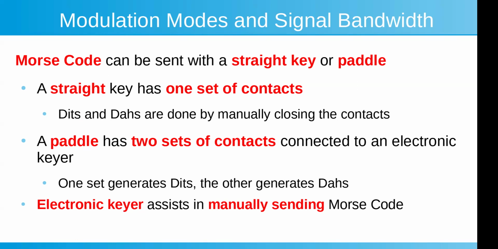On the paddle, you just have to be able to know when to let go for how many dits or how many das, because it does the timing and spacing for you. So it's much better code, but from what I understand, it's much harder to learn how to do.